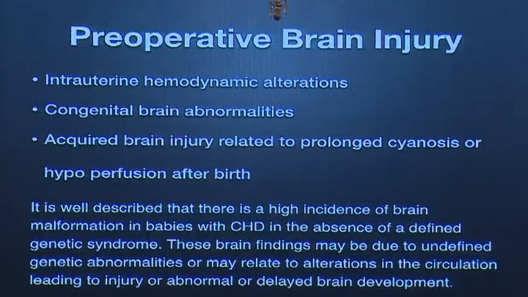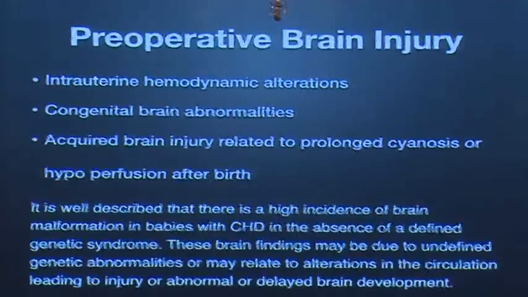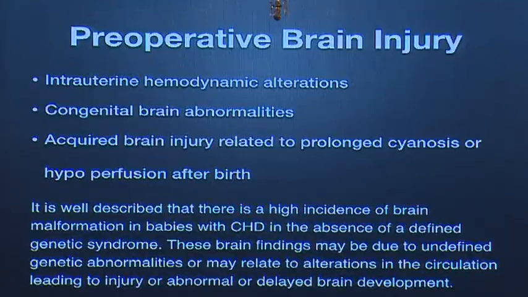What causes this problem? Now, preoperative brain injury. It is not that the surgery itself is the culprit. In those babies who have congenital heart disease, the preoperative investigation reveals that their brain is often already affected. What is the reason? The main reason being thought of is intrauterine hemodynamic alteration.